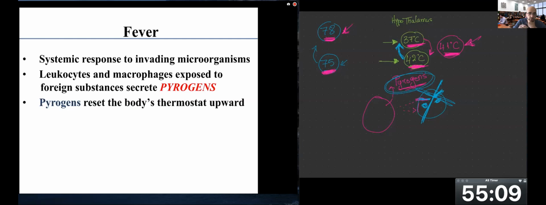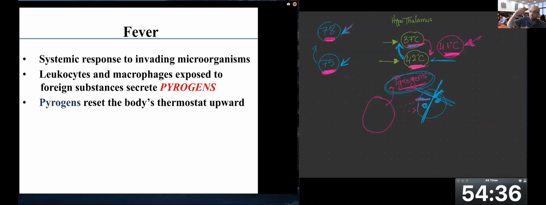Joseph here asks, the pyrogens make the temperature jump really high, or does it raise the minimal to start sweating? It raises the set point in the hypothalamus. So rather than the hypothalamus sending out the signals, rather than the AC starting to cool down the room at 75, it won't start cooling the room until you get to 78.